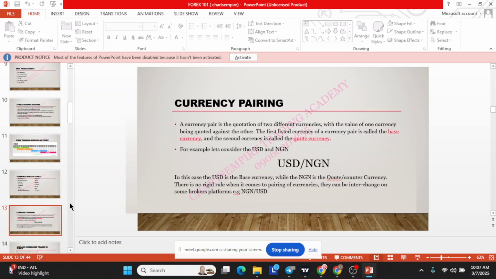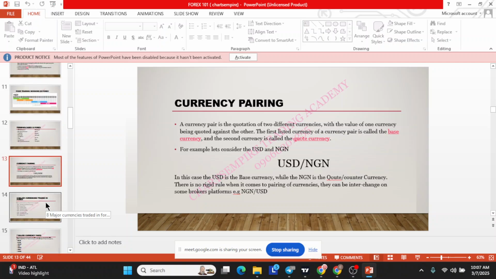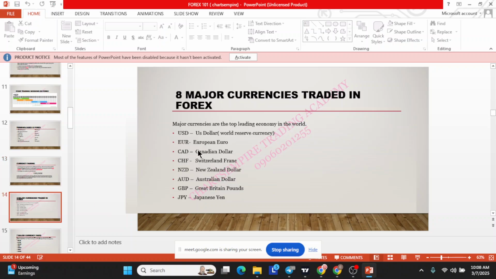So let's move further. We are going to be looking at different types of currencies that are traded in the forex market. First, we have the major currencies. When we call something major, it means that we have people that are actively participating in this sector.